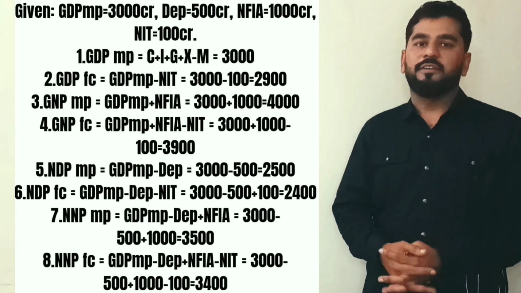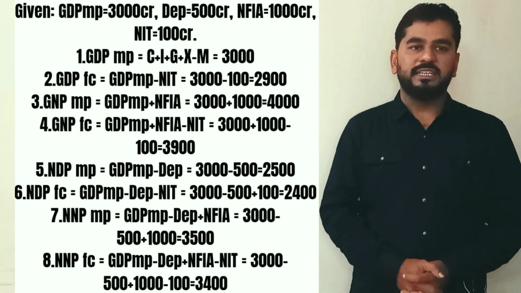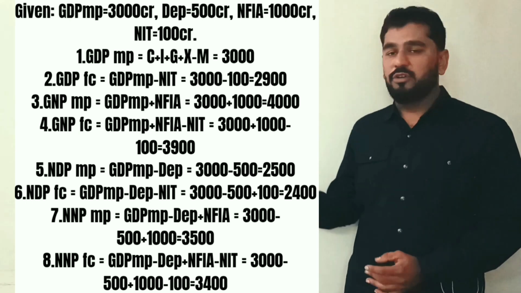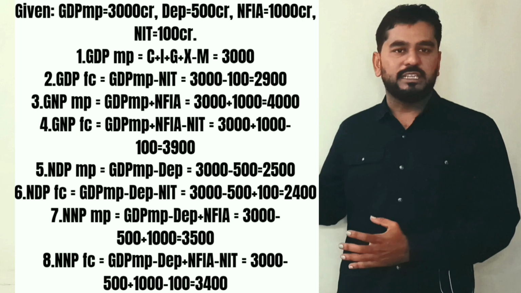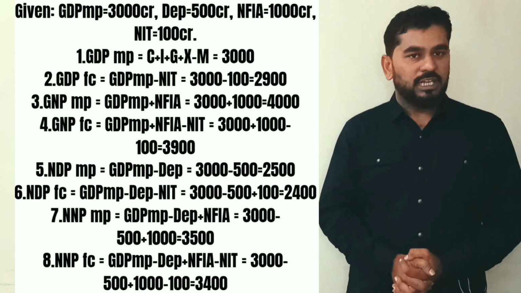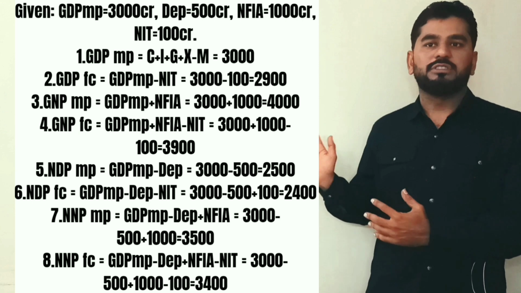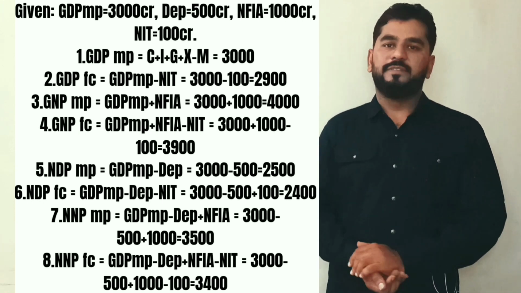The fourth aggregate is GNP-FC, and the formula to find GNP-FC is GDP-MP plus NFIA minus NIT. You can see the formula on the screen. According to the formula, you just add up these items: 3000 is the GDP plus NFIA 1000 minus net indirect tax 100. So 3000 plus 1000 is 4000, minus 100. The answer is 3900 for gross national product at factor cost.